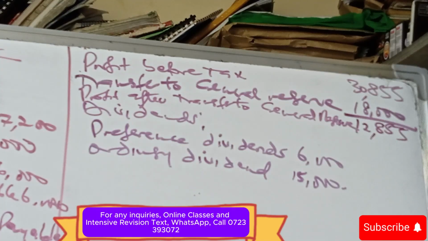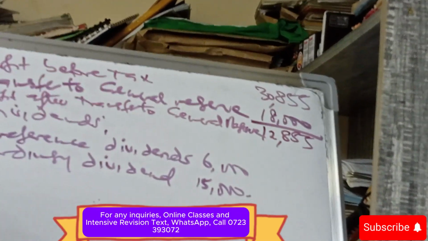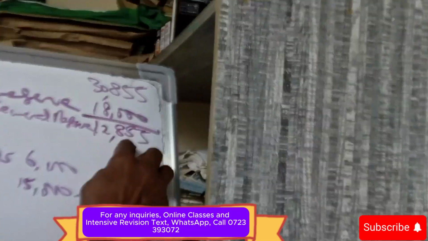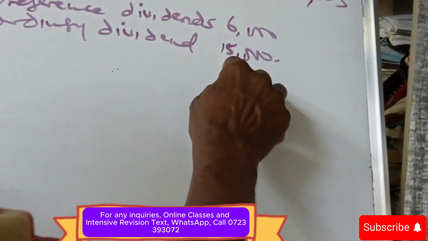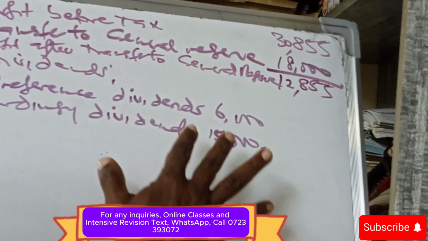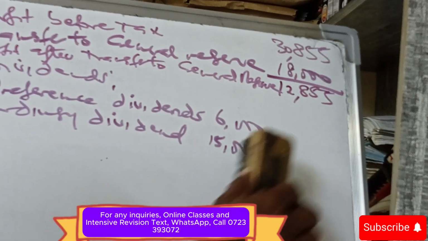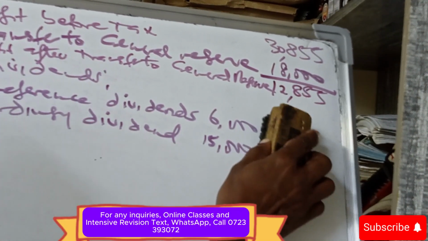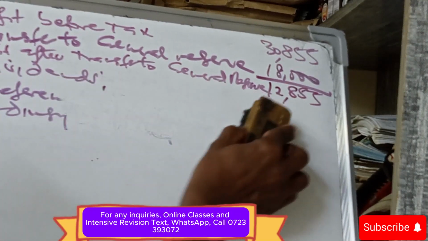The profit we have is 12,855, but we need to pay dividends amounting to 21,000. The dividend we want to pay is much more than the profit we have. So we bring the retained earnings at the beginning of the year.